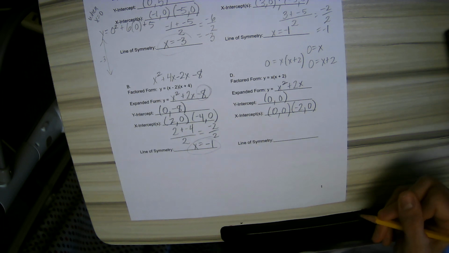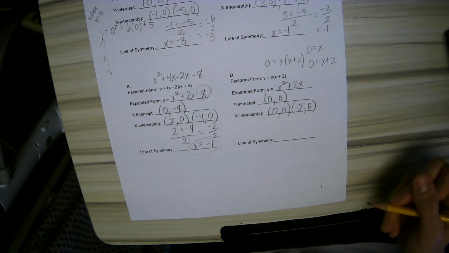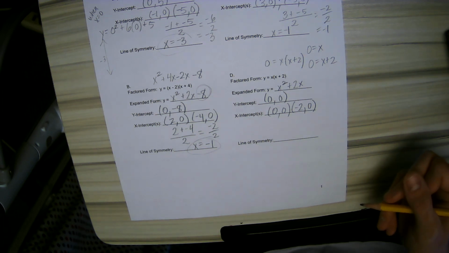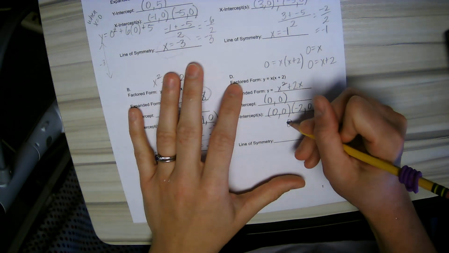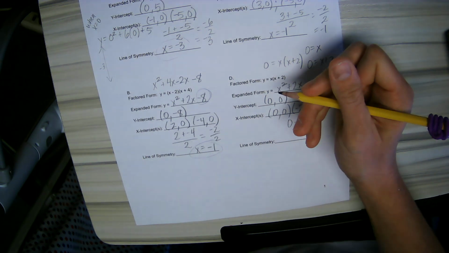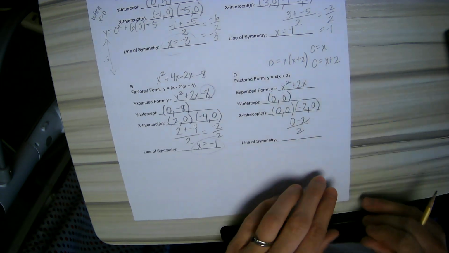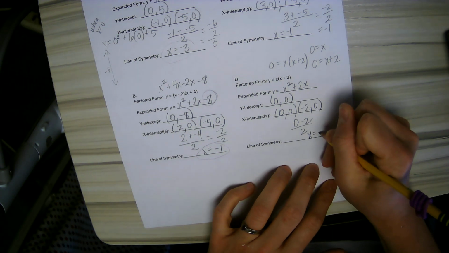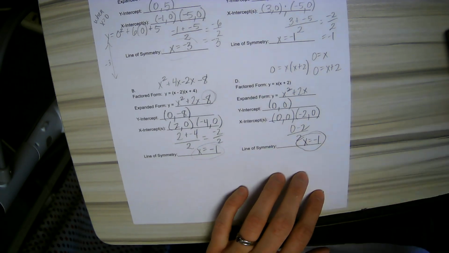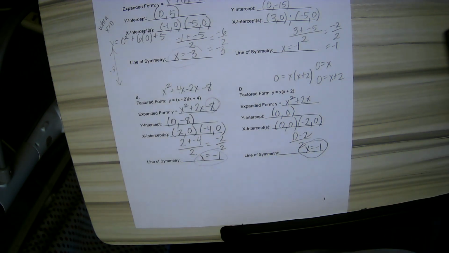This is a very interesting parabola, right? Now my line of symmetry is somewhere between 0 and negative 2, so I could say 0 minus 2 divided by 2, and once again we have x equals negative 1. Not a very huge mixture of what our line of symmetry was.